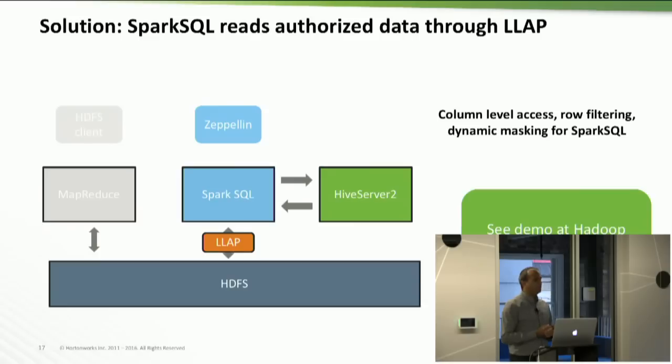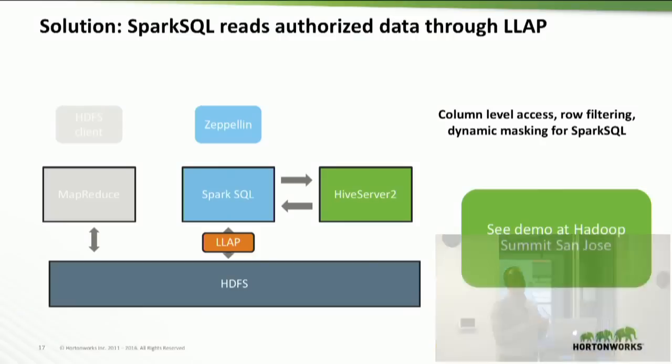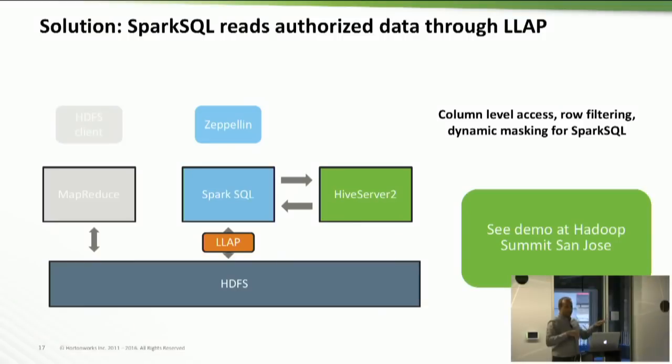In your Spark SQL code, you'll have to modify one or two lines to have a specific setting in your Spark SQL context, and then we can take advantage of that configuration and redirect that query through LLAP to read the data from Hive, with the same policy control that you have. And again, you can configure the policy for this through Ranger.